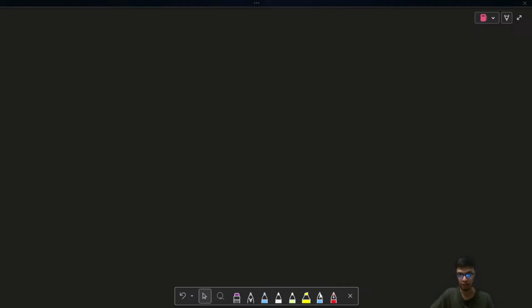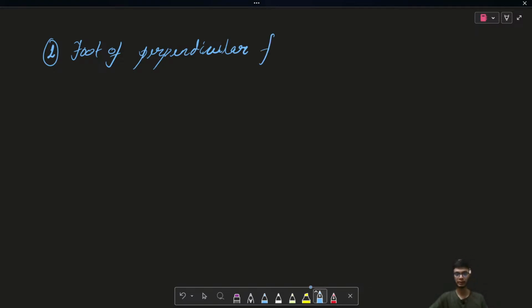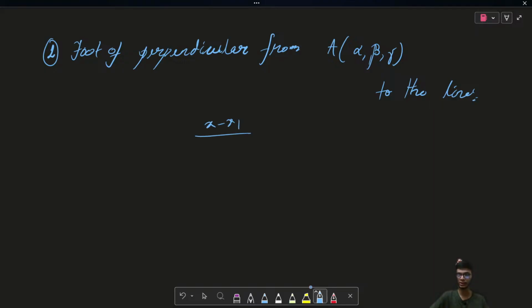First of all, we will solve for finding the foot of perpendicular from any point A, which is given as alpha comma beta comma gamma, to the line in space, and that particular line is given by some equation, let us say (x minus x1) by L is equal to (y minus y1) by m is equal to (z minus z1) by n.